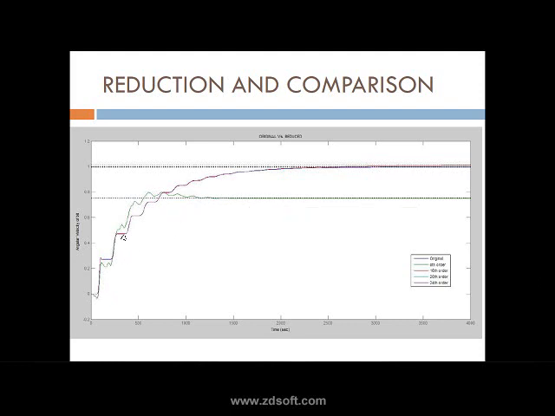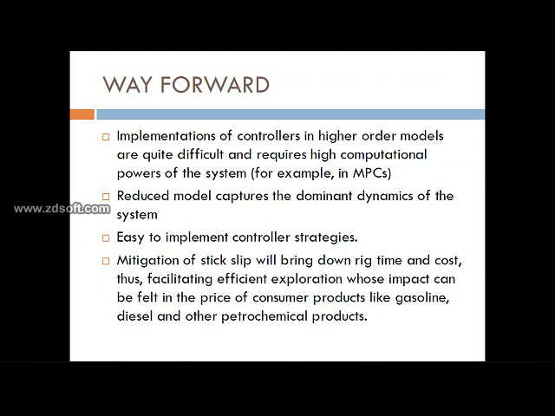Whereas the other plots try to overlap each other, out of which the 20th order and 24th order match the system more closely than the 16th order. So as the order of the reduced system increases, it is closer to the original value. But still, the 24th order is much lower than the 86th order model of the original system, and MPC can be implemented on the 24th order model rather than the 86th order model.